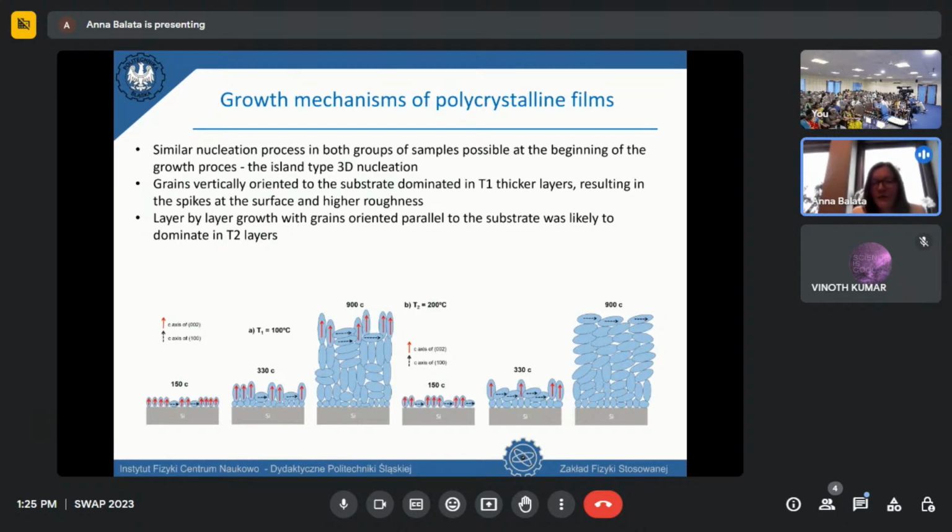And in case of T2 layers, layer by layer growth was dominating with the increase of the cycles. It means that the grains were parallel to the substrate, and that's why the roughness was slightly lower.